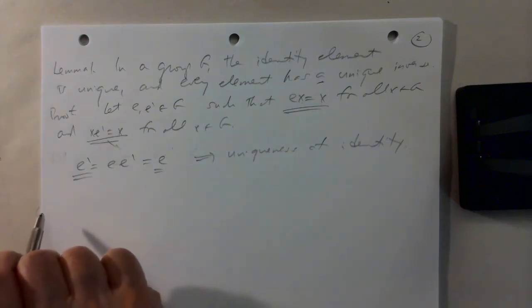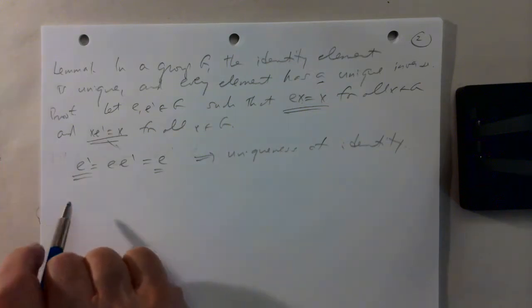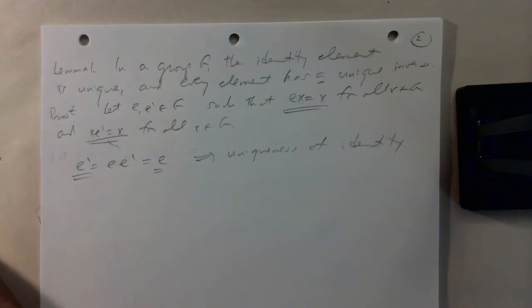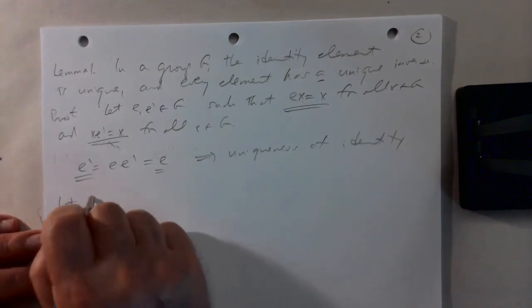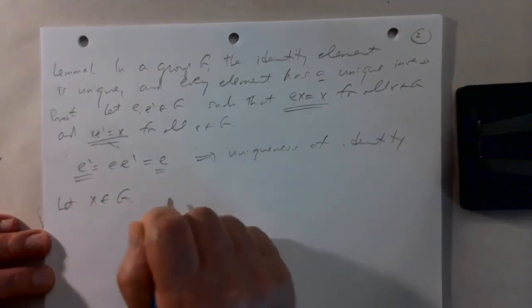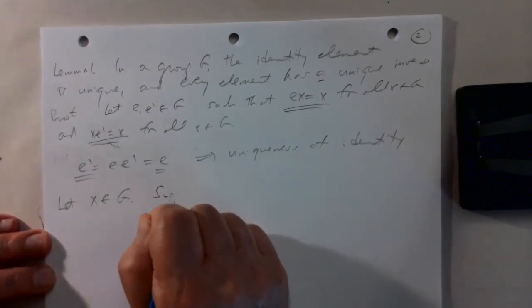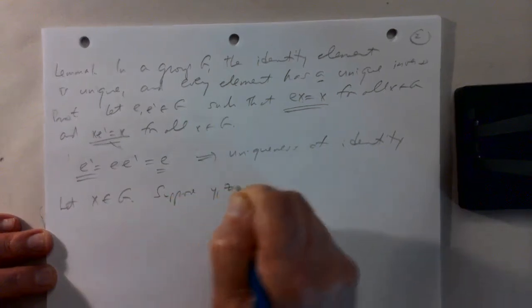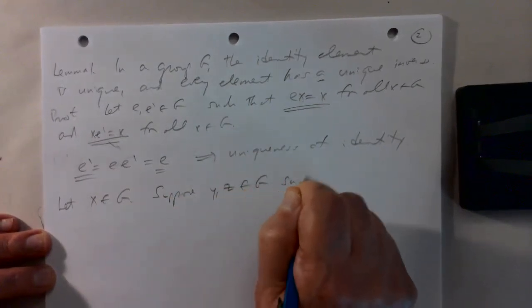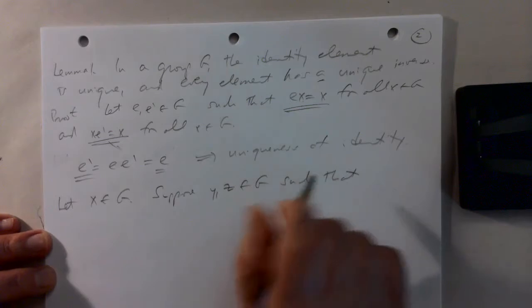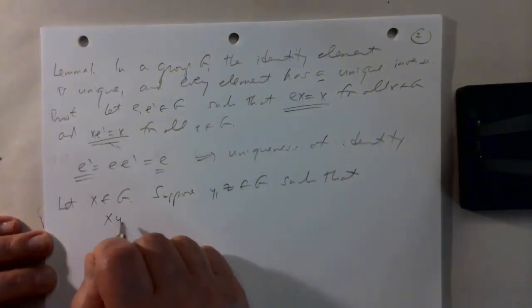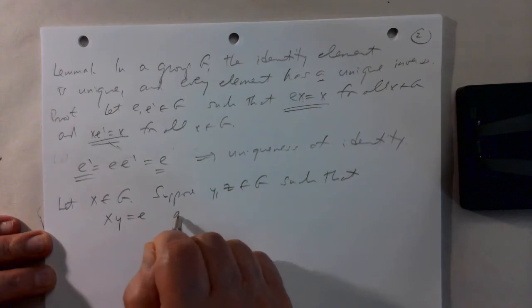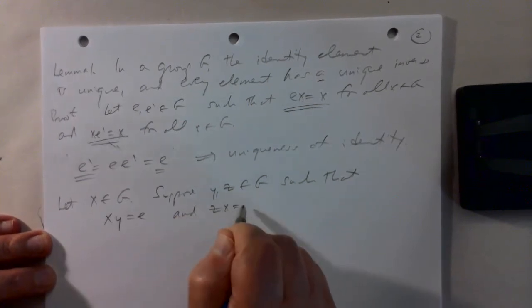Now let's prove that the inverse of an element is unique. So let X be an element in the group G. Suppose we have two elements, Y and Z in G, such that XY equals the identity and ZX equals the identity.